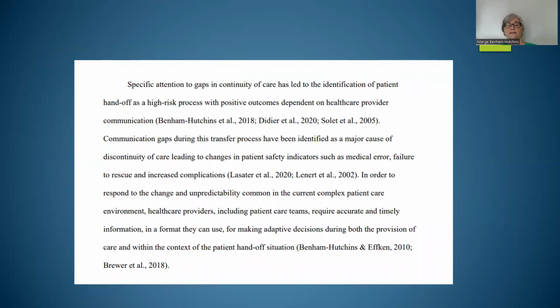So here's a short little blurb or an excerpt from one of the papers I wrote. This paper had to do with patient handoff. And you can see here that this is a paper I wrote with some other authors, and here's some more. And these particular papers shared a common idea.